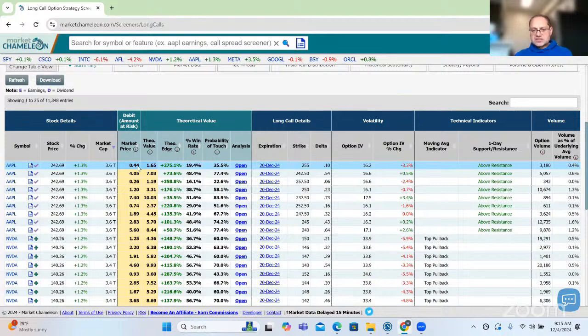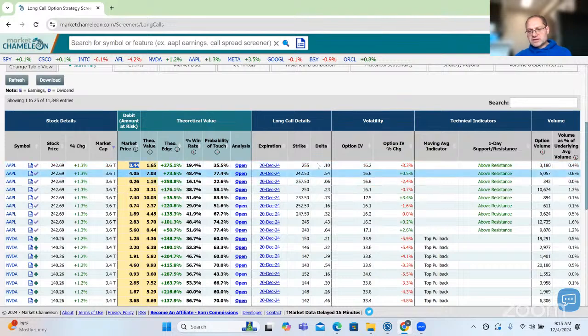Because obviously the stock needs to go up from 242.69, it has to go above 255, plus it has to cover whatever we pay for this option, 44 cents. So it's got to go above 255.44, right? $255 plus the 44 cents we paid. The stock has to be above that at expiration.